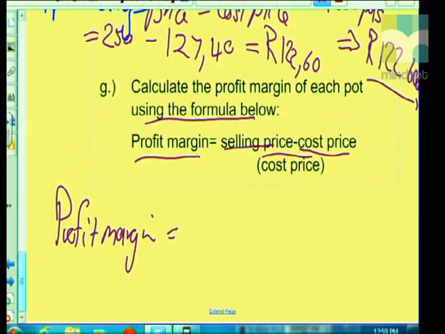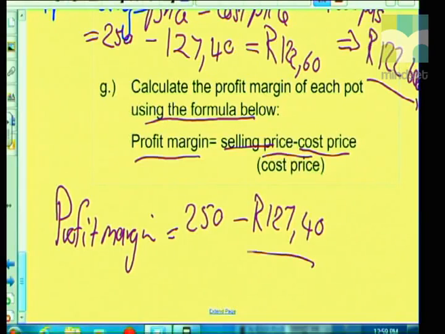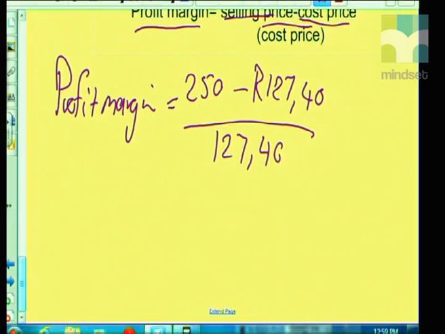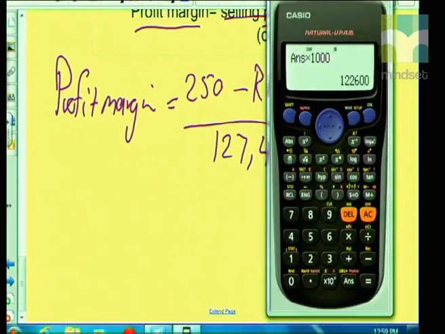We're going to say the selling price was 250 minus the 127.40, divided by the cost price, which was 127.40. So this is known as the profit margin. Let's work out what it is. There we go.